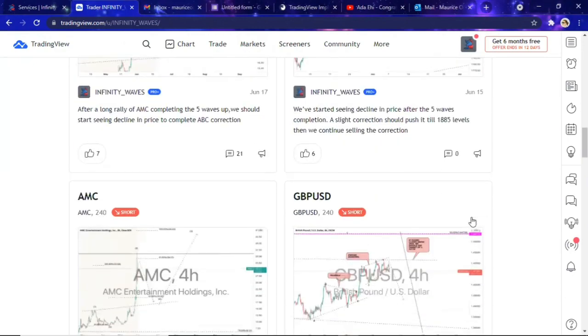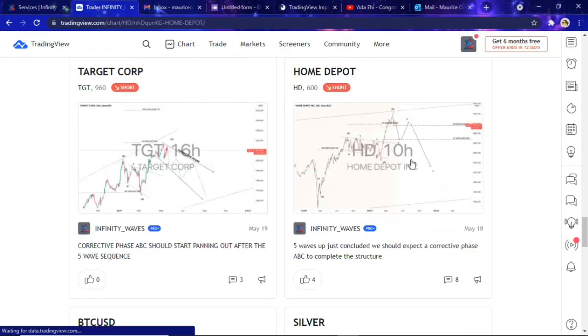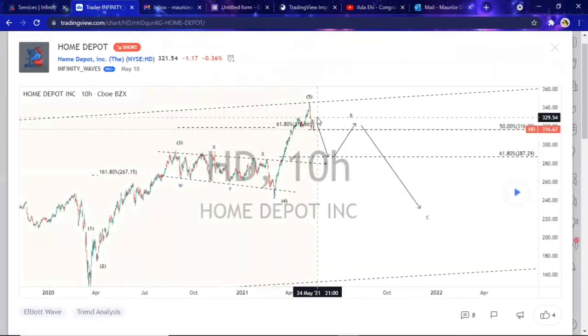So for Home Depot, if you go down, this is Home Depot, May 18th. So we were waiting for this move to come down here at this level and to go up. So we're waiting for this move to drop down here, then go back up.